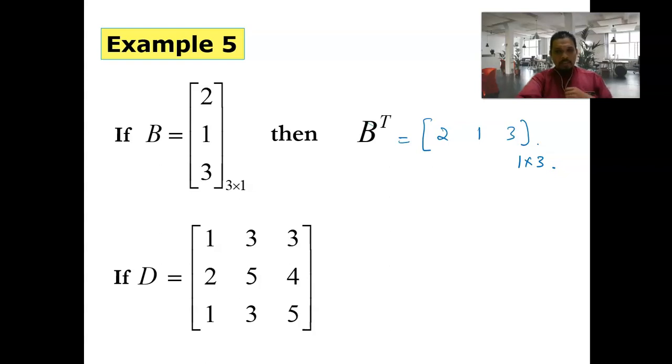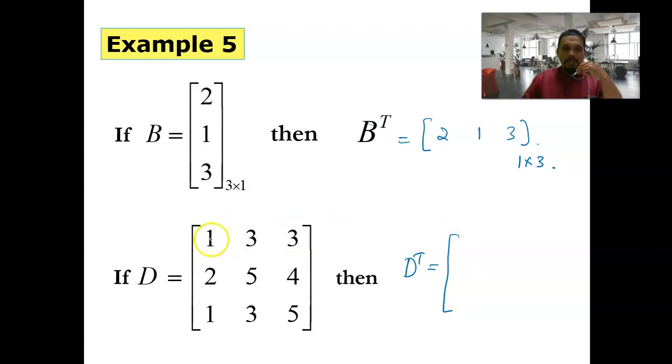So for D, as you see on the screen here now, then D transpose equals every entry on the row will turn into a column, and the entries of the column will turn into a row.